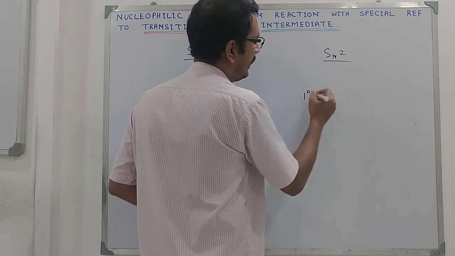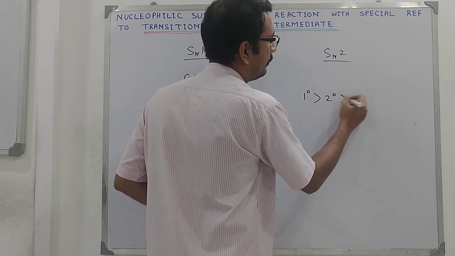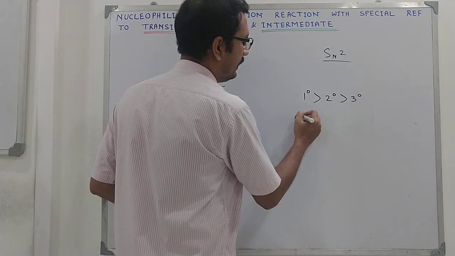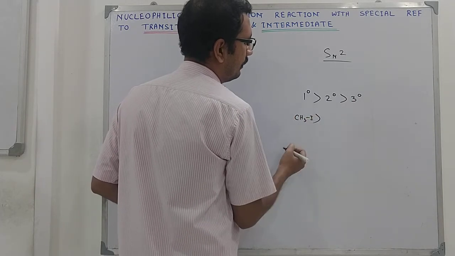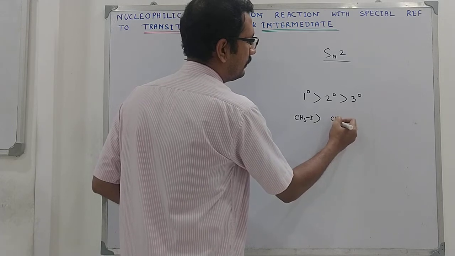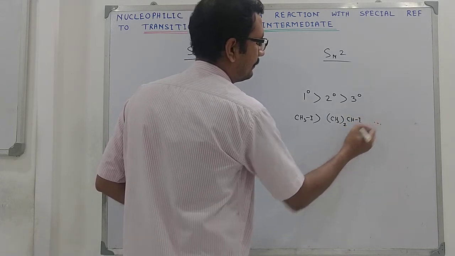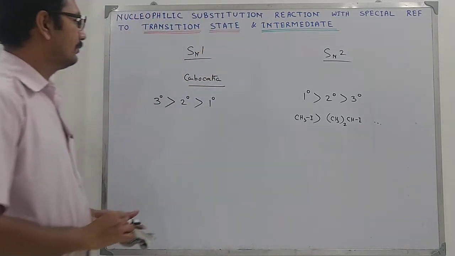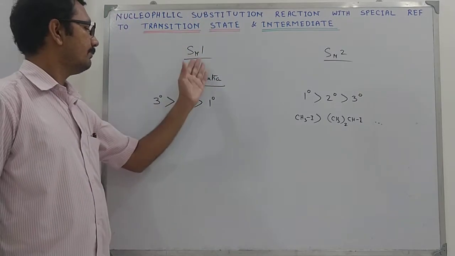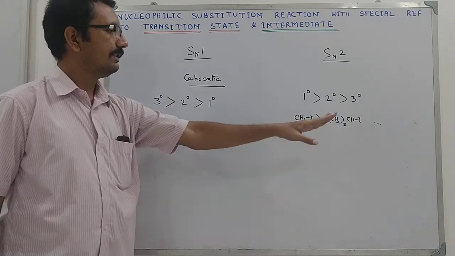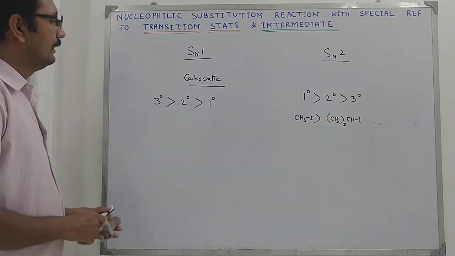So the rate of the reaction will be 1 degree greater than 2 degree greater than 3 degree. So CH3I greater than (CH3)2CHI, and like this. So for SN1 we will have this pattern, for SN2 we will have this pattern. This is the reactivity order.